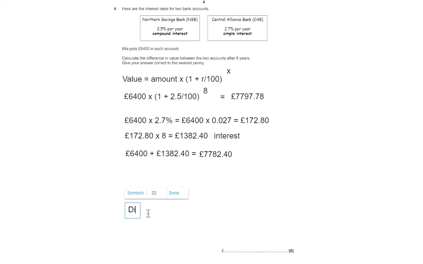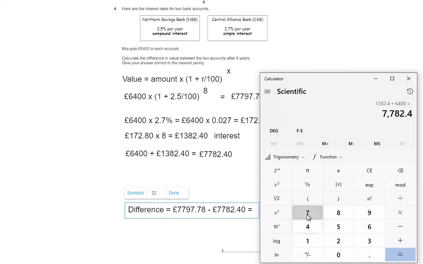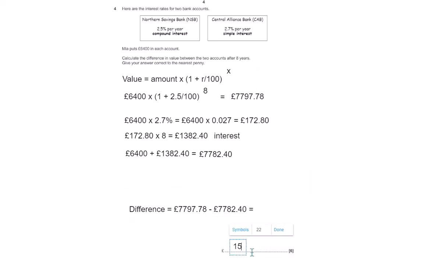So the difference is just that. £15.38. And as the pound sign is already on the question paper, we can just enter the numbers. And we're done. Thanks for watching.